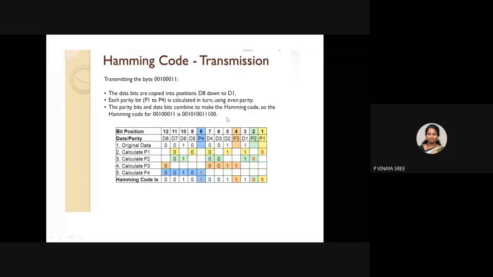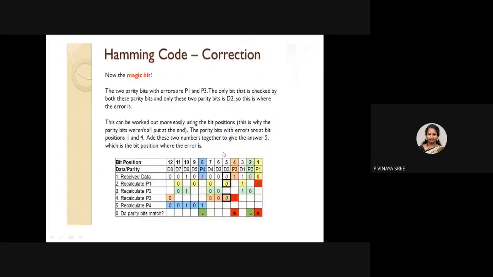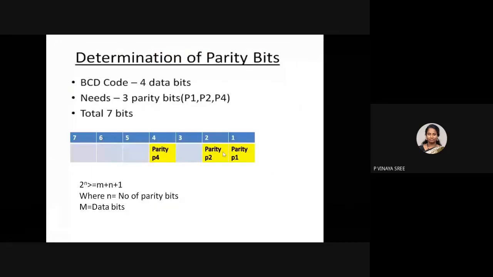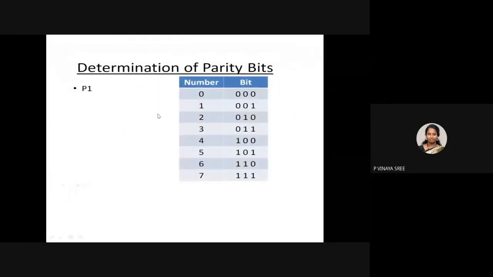Now tell me, yesterday we discussed a message of size 4 bits. For that we added 3 parity bits. If parity bits are 3, how many combinations will we get? 2 power 3, so a total of 8 combinations.